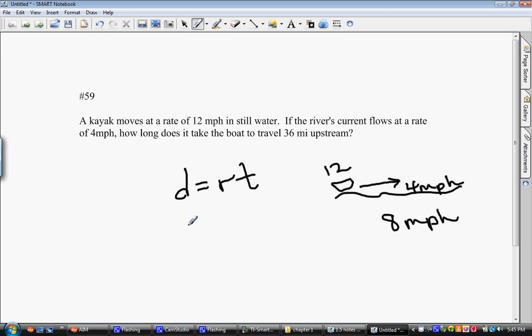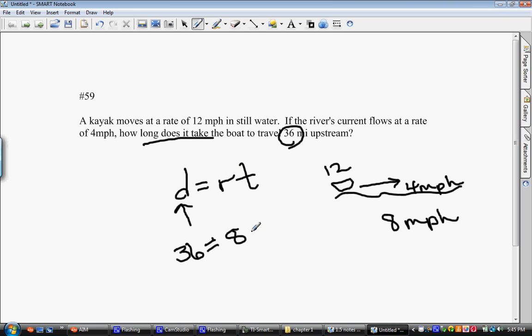We have the distance, which is 36 miles. We now have the rate because we said that our rate is now 8 miles per hour. We don't have the time. That's what they're asking us. They say, how long does it take? That's time.